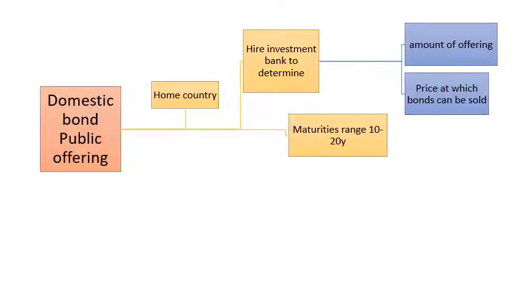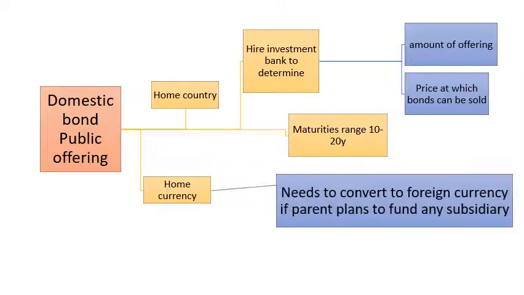Corporate bonds usually have maturities ranging from 10 to 20 years. But if the multinational corporation plans to provide a portion of the proceeds to its subsidiary in Japan, for example, it will need to convert from dollars, which is the home currency, to Japanese yen at the prevailing forex rate.